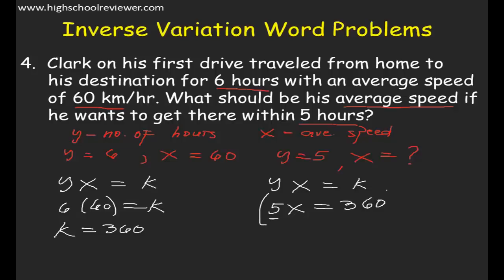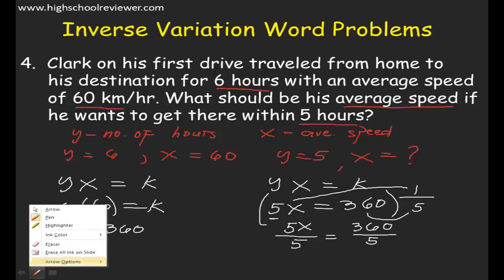Just divide both sides of the equation by 5. So we have 5x times 1 over 5, that is 5x divided by 5, equals 360 times 1 over 5, that's 360 divided by 5.